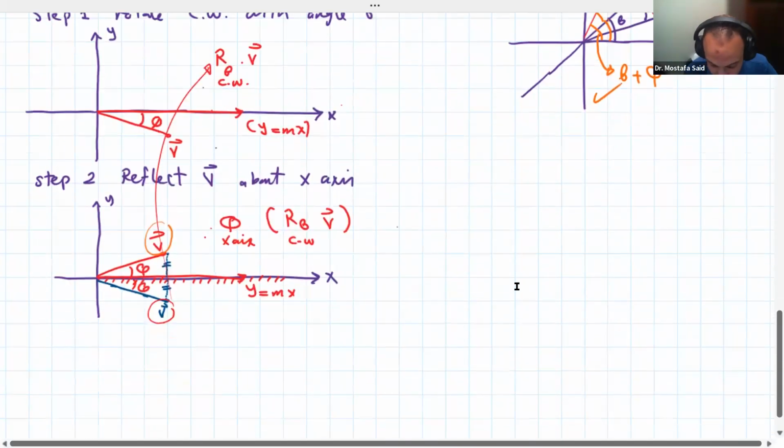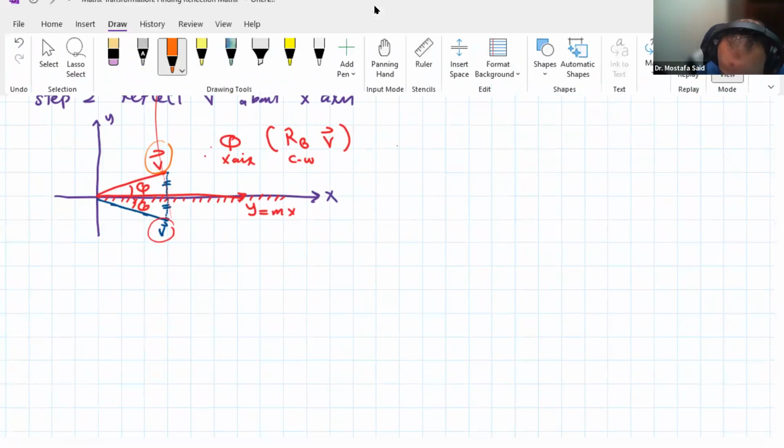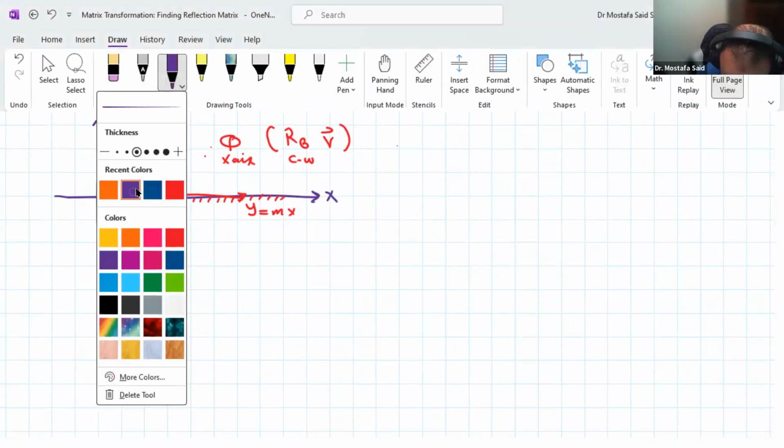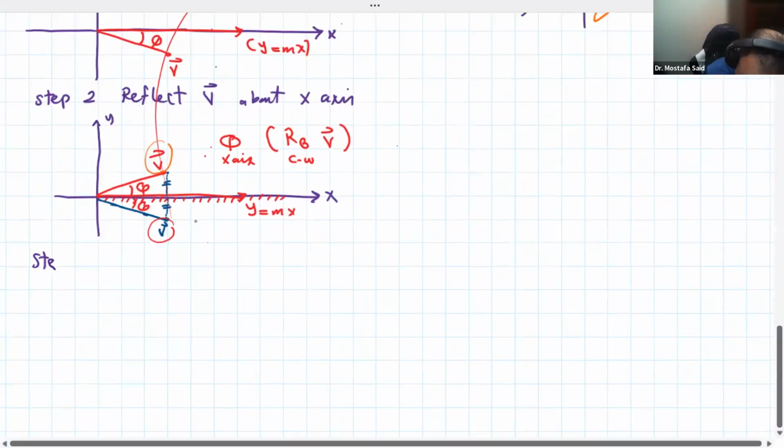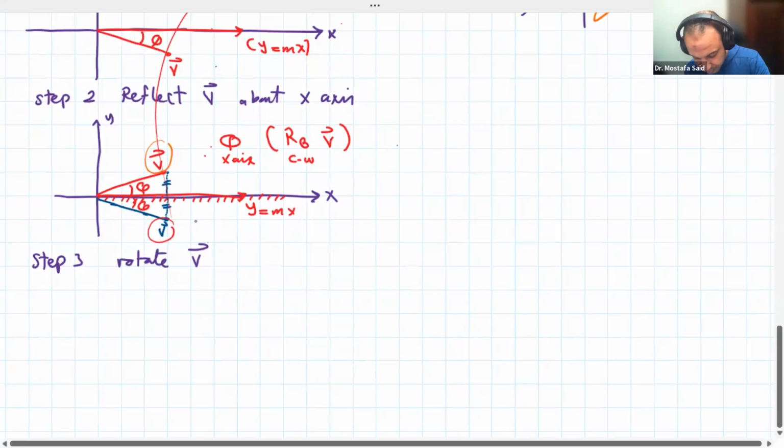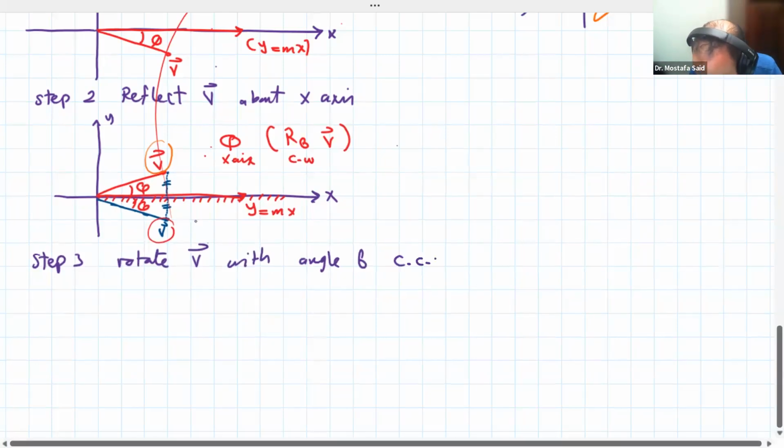Okay, that's what we're going to do in step 3. In step 3, we're going to rotate everything counterclockwise with an angle theta. Step 3: rotate the vector v and y equals mx as well. This is a rotation with angle theta in the counterclockwise direction.